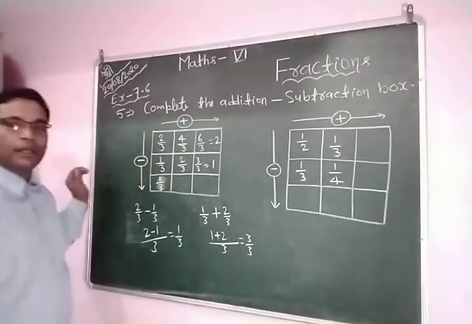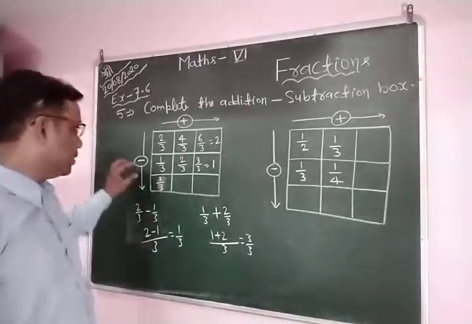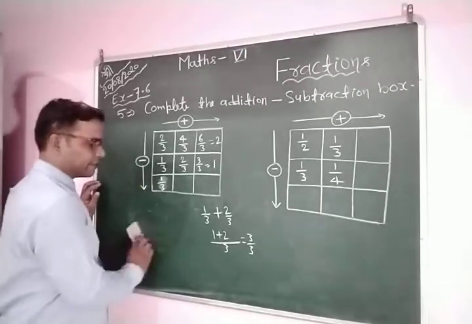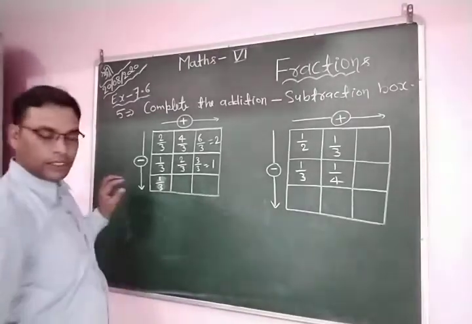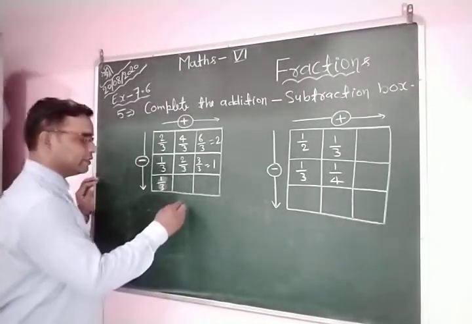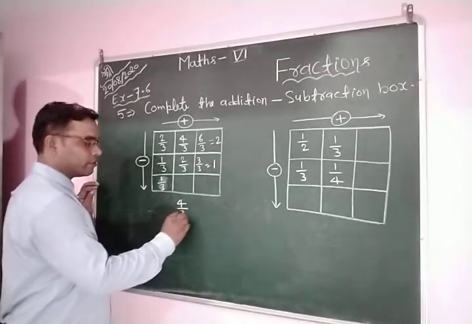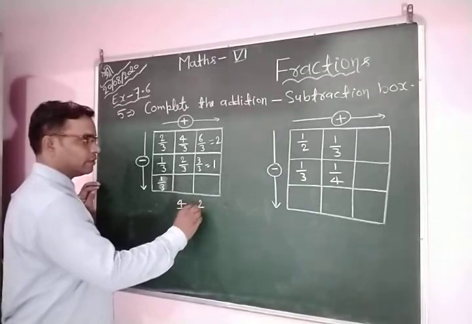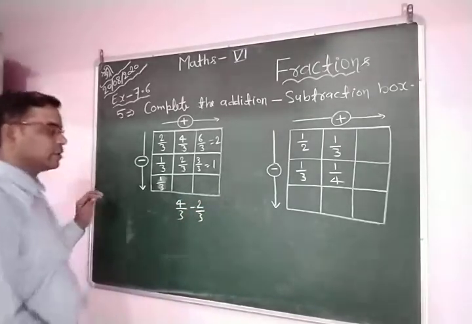And for this box we subtract 4 by 3 minus 2 by 3, because if you run from above to below, the symbol is subtract, minus. Okay, so for this box we subtract 4 by 3 minus 2 by 3.